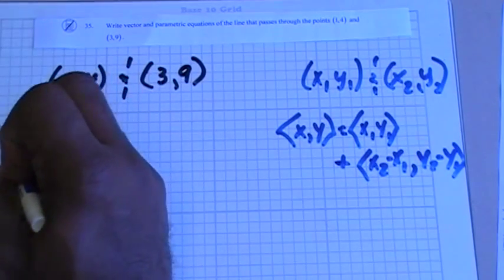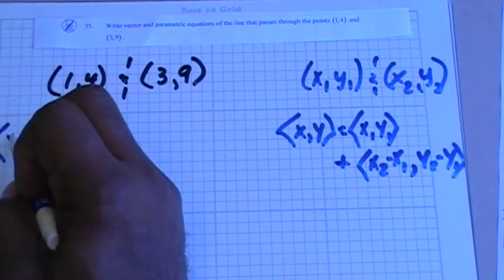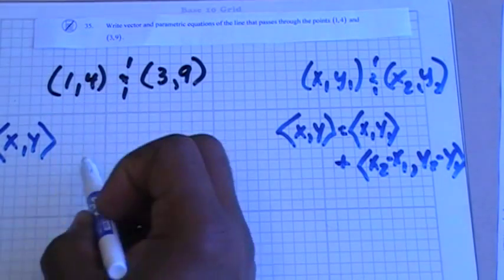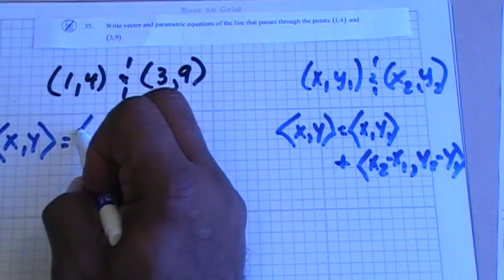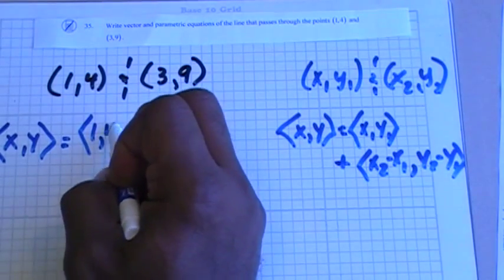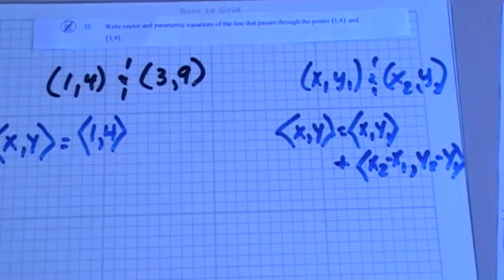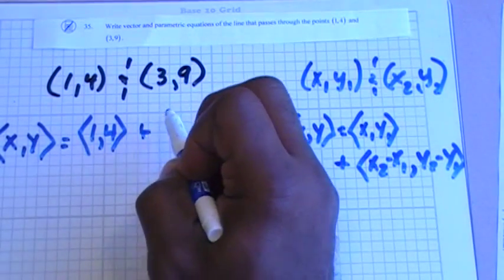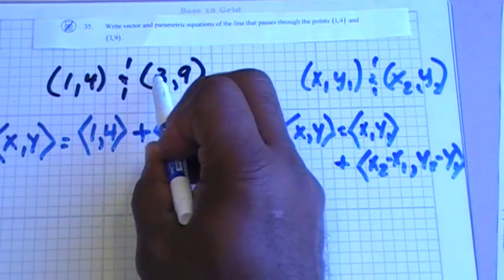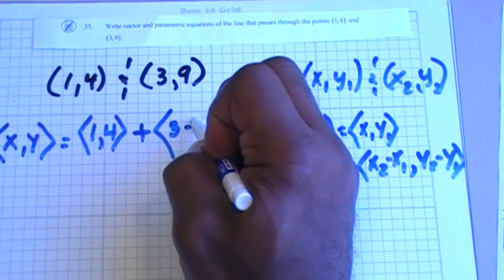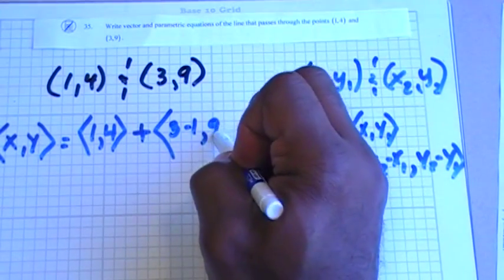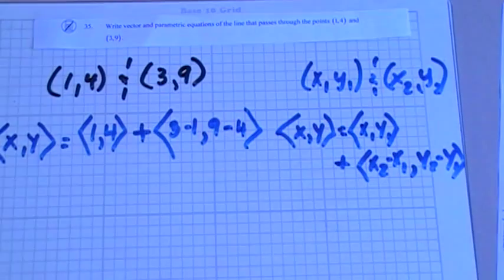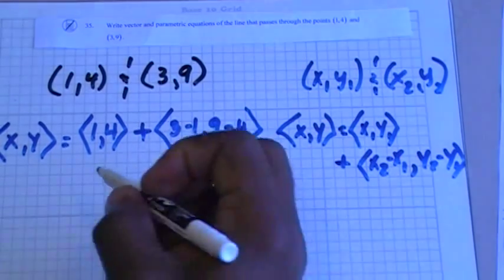All right, so our vector form is (x, y) is going to be vector (1, 4). So that gives us a point on the vector. All right, and plus 3 minus 1 and 9 minus 4.